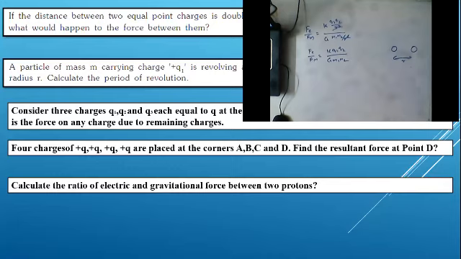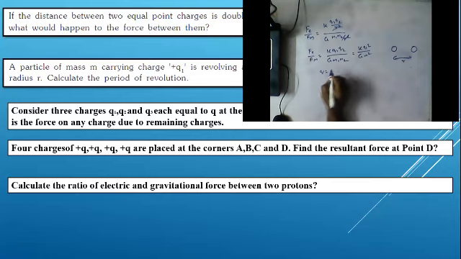But what is the value of Q1 Q2? Here Q1 and Q2 are the same, since both are protons. We can write it simply as K Q square by G M square. Now what is the value?